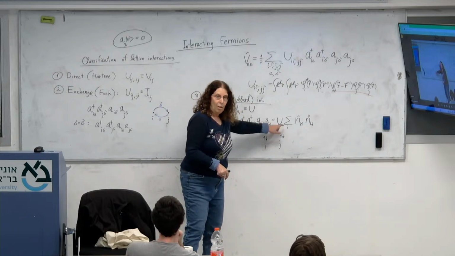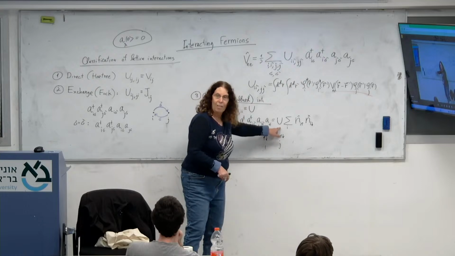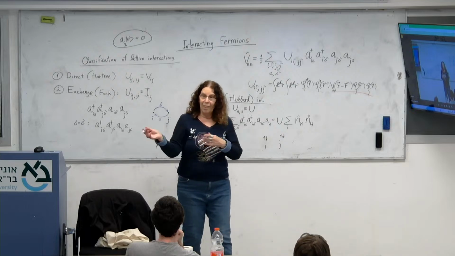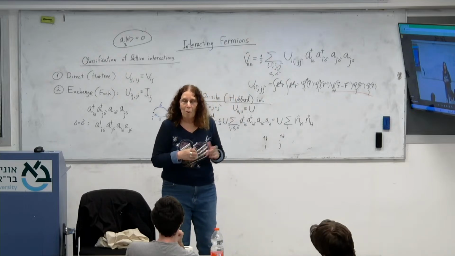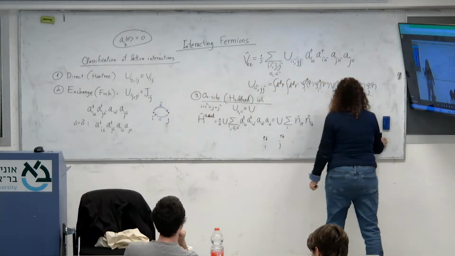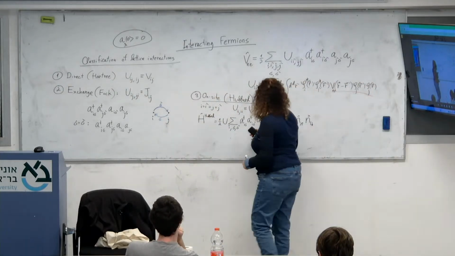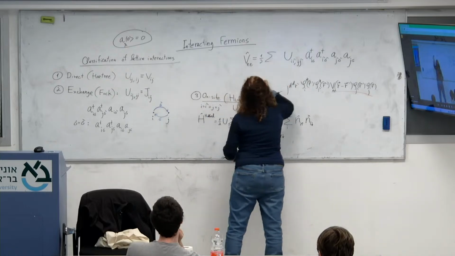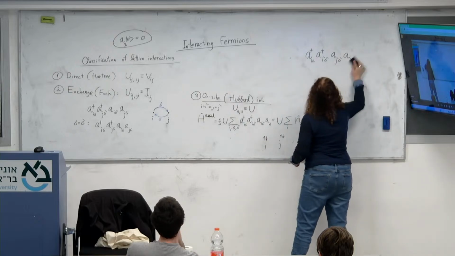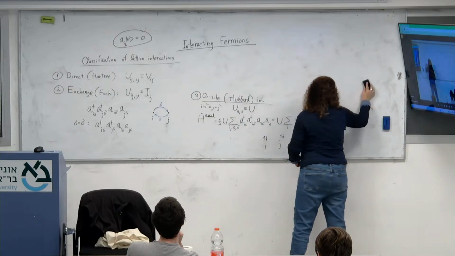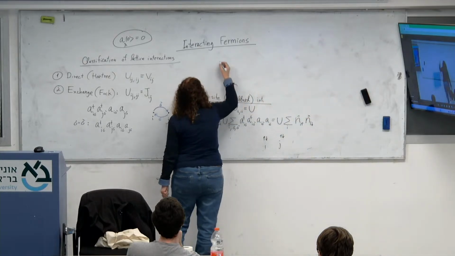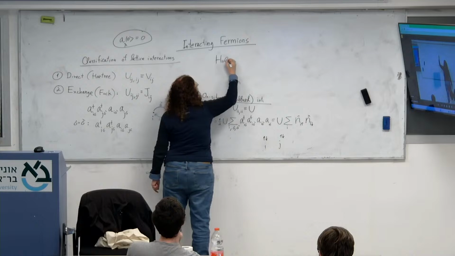Now, because of that, you can gain energy by hopping electrons away from this site. Now, as a result, let me give you an interesting consequence of such an on-site interaction. Is the so-called Hubbard model.